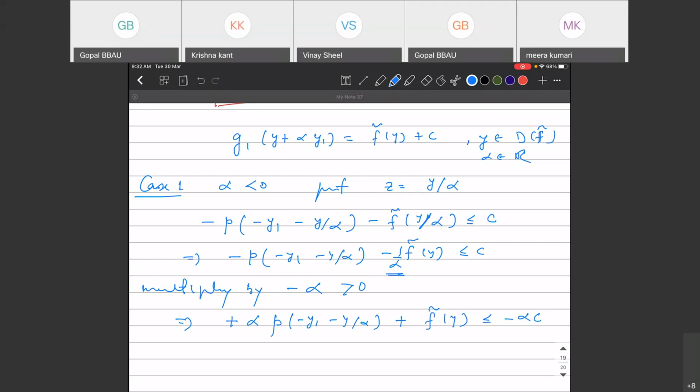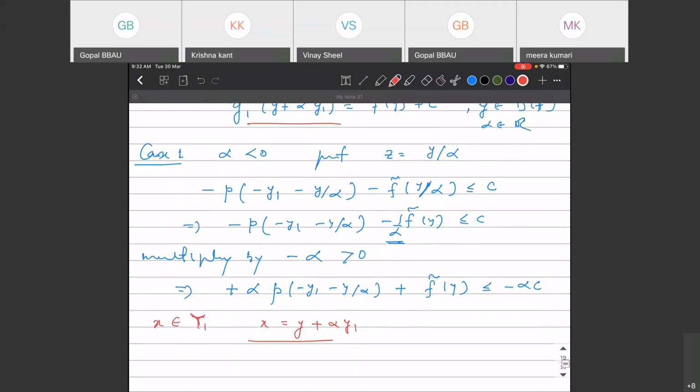Use the definition of G1 here. So y plus alpha y1 is an element of the subspace capital Y1. Whenever x belongs to Y1, it can be represented as y plus alpha y1. So write x equal to y plus alpha y1.